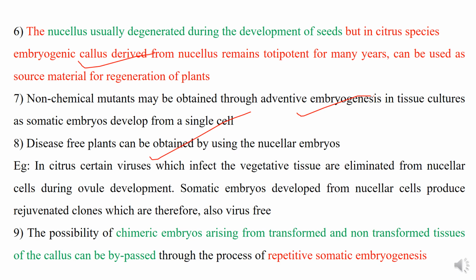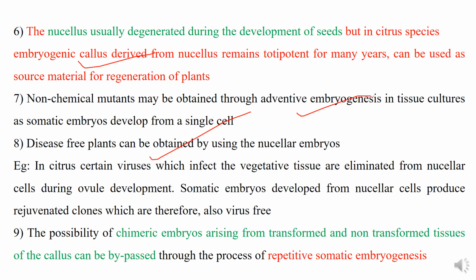Why disease free plants? Any pathogen cannot reach the embryo stage, because embryos are in a very active, actively dividing phase. If we are capable of isolating cells which are not infected with any pathogen, then we can obtain disease free plants.